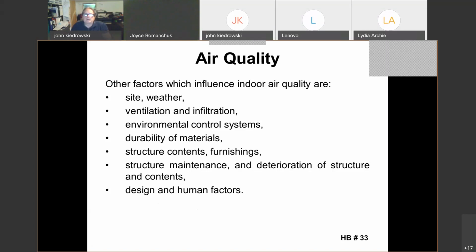Maintenance and deterioration of the structure, certainly mold, can also cause things such as mildew, which gives a smell that tingles our nose as far as air quality. And certainly there are design and human factors that we need to take into account when we talk about air quality in a house.